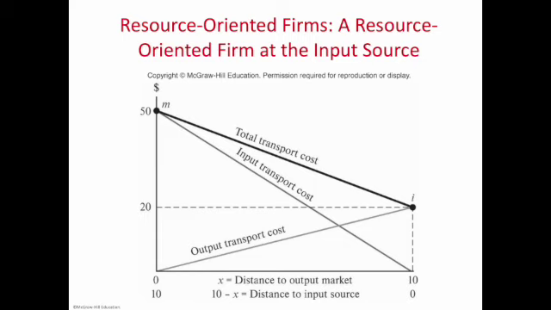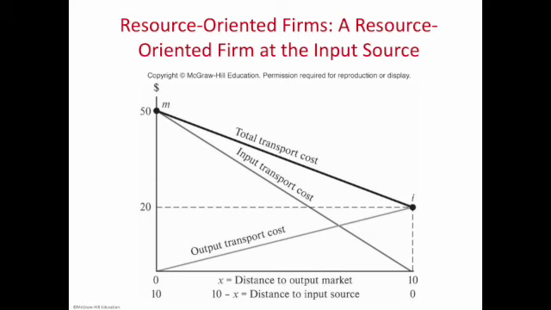Input transport cost equals Wi times Ti times (10 minus X). In the graph, the input transport cost is $50 in the city and decreases at a rate of $5 per kilometer, the monetary weight of the input, to 0 at the forest.